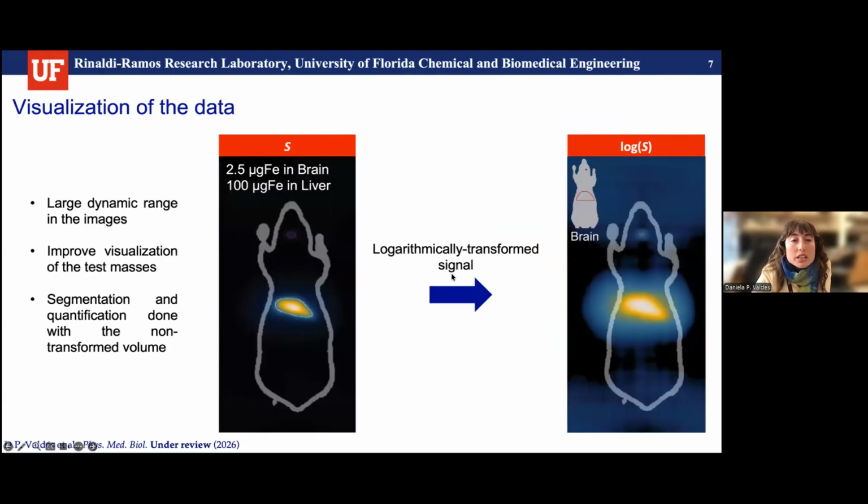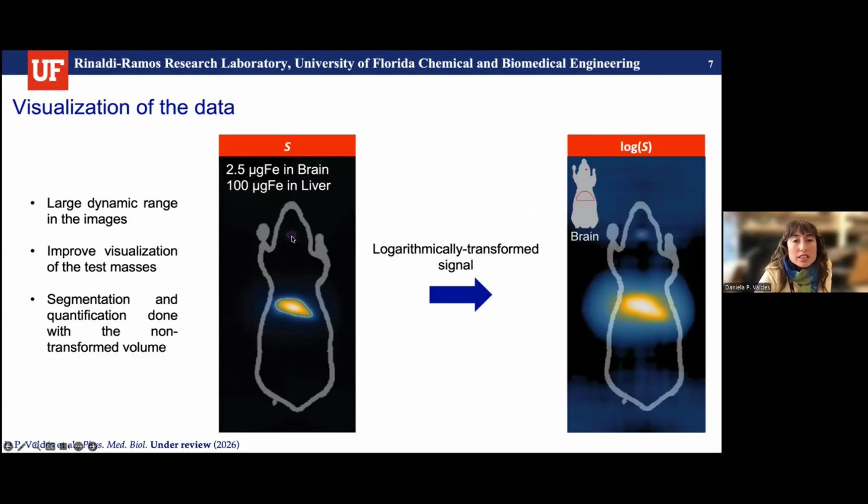A little note: all the data I'm going to show you of the scans is going to be logarithmically transformed, just for visualization purposes, because we have a large dynamic range in the images. Here on the left, you can see a 2D scan for the test mass, 2.5 micrograms of iron in the brain, and the liver we're using for every single scan with 100 micrograms of iron.